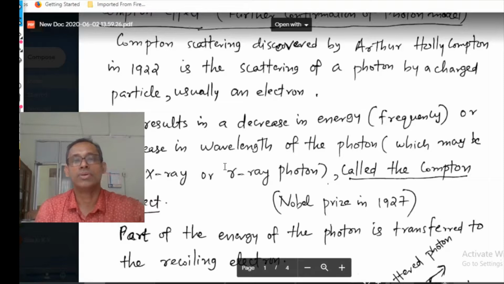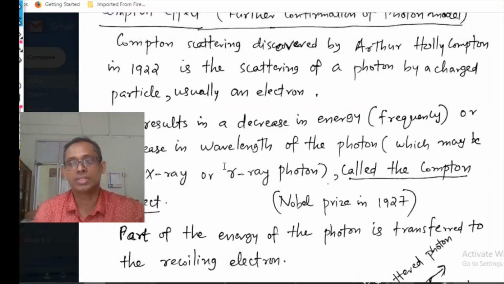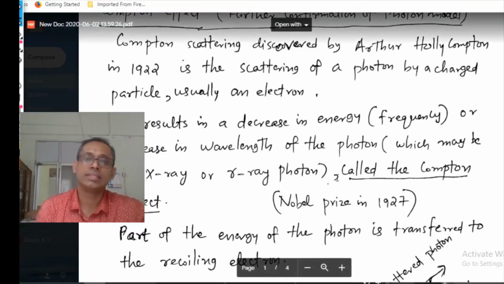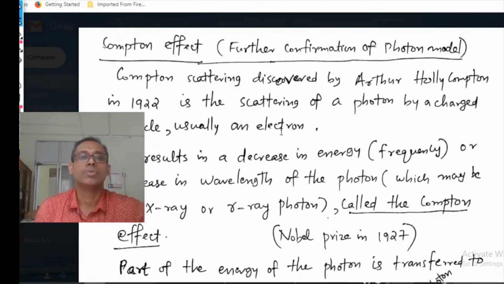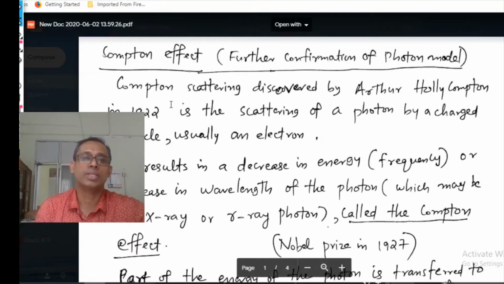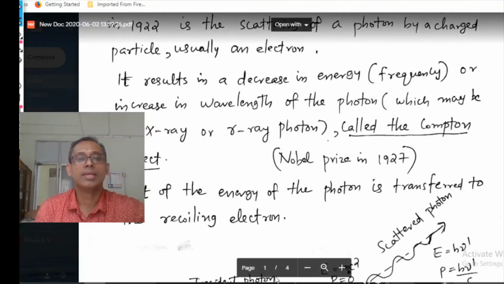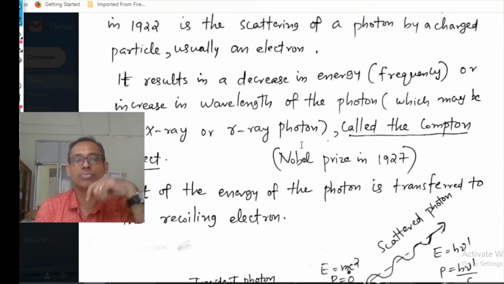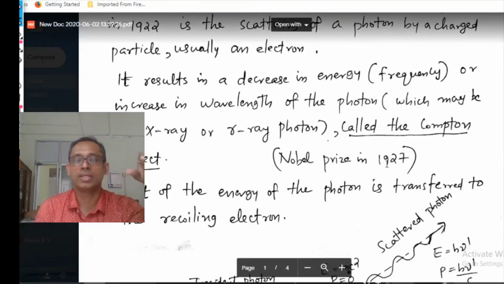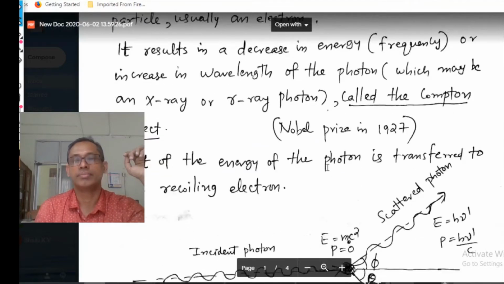So the shift, or a decrease in frequency or an increase in wavelength of the photon as it is scattered by an electron, is called the Compton effect. This was discovered by Compton in 1922, and for the explanation of the Compton effect based on the photon model, he received the Nobel Prize in 1927.